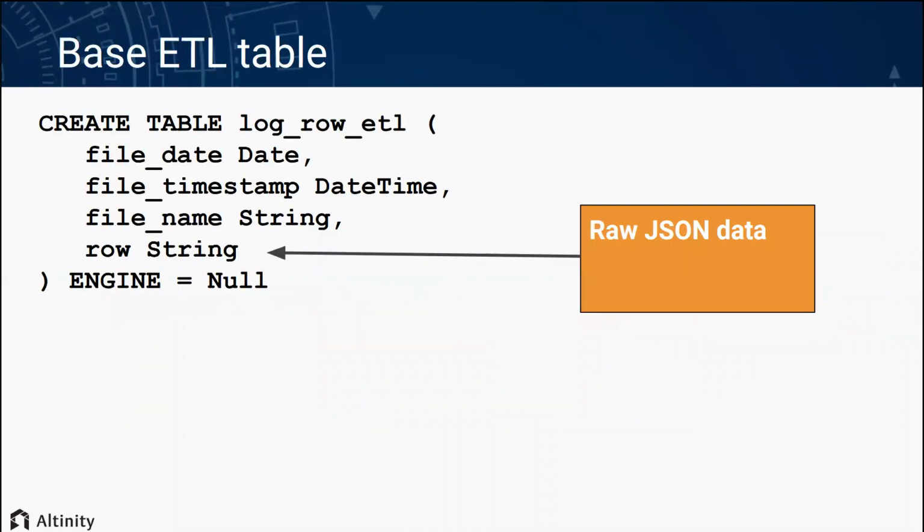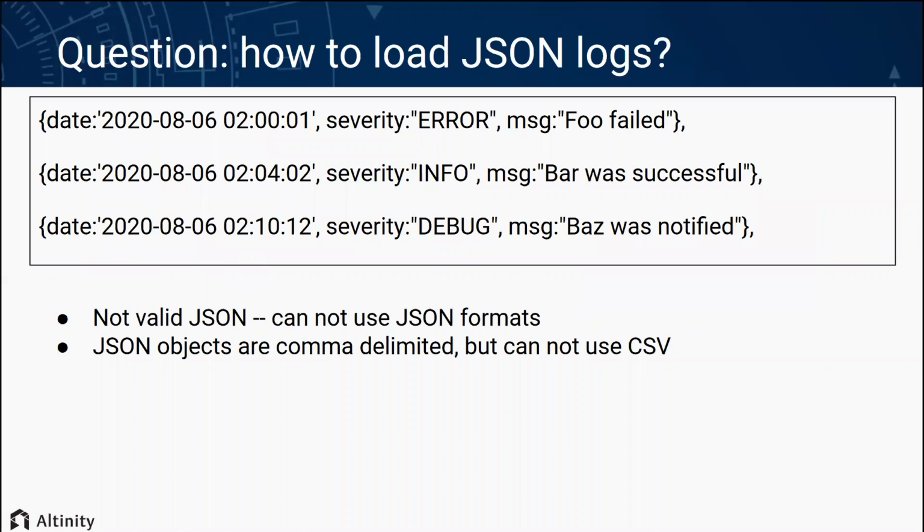So in reality, if you need to store JSON data, and it's quite often that your logs are in JSON, it's not well-formed JSON. Next slide. You see that your JSON logs are typically not well-formed JSON. They are built from JSON messages separated by commas.